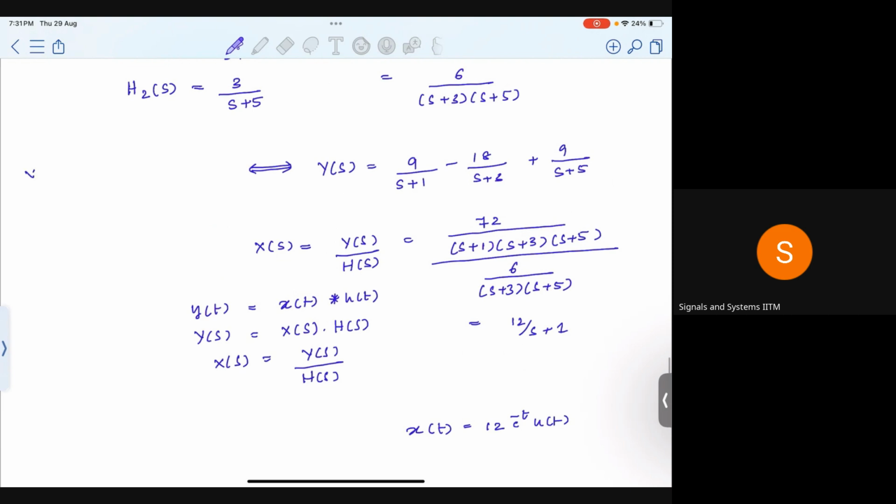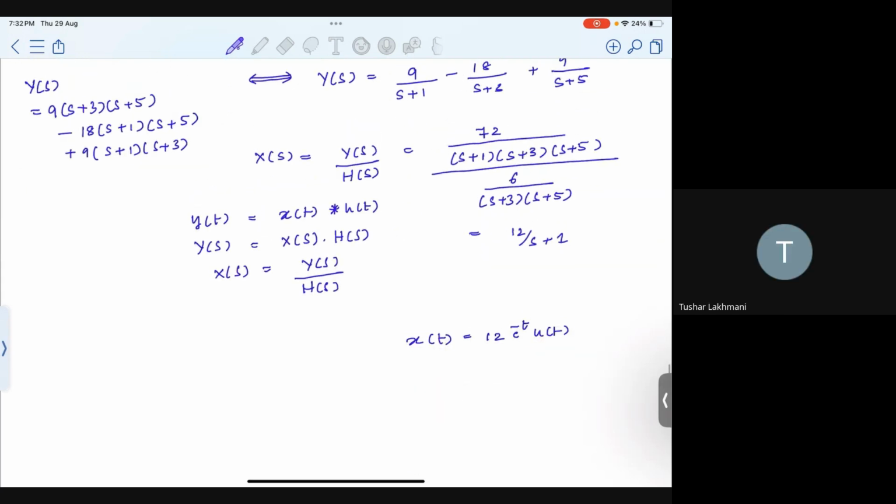So y of s, this is 9s plus 45. Basically it is 9 into s plus 3 times s plus 5, minus 18 into s plus 1 into s plus 5, plus 9 into s plus 1 into s plus 3.